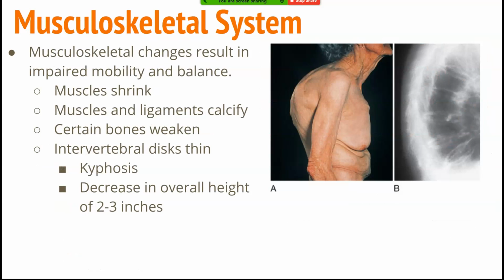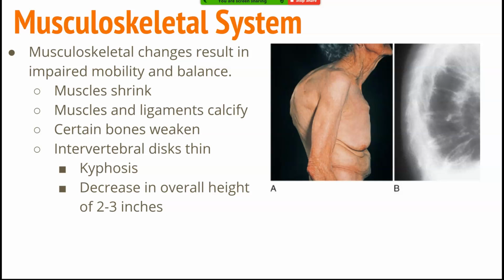One of the best things that you can do for yourself is make sure that you maintain your posture appropriately. And especially now that we all have phones and we all are bending over our phones, kyphosis starts at the neck, okay? And it creates this humpback. And it's bad enough that gravity is a bitch and makes you shrink about 2 to 3 inches, but now kyphosis can make you even shorter.